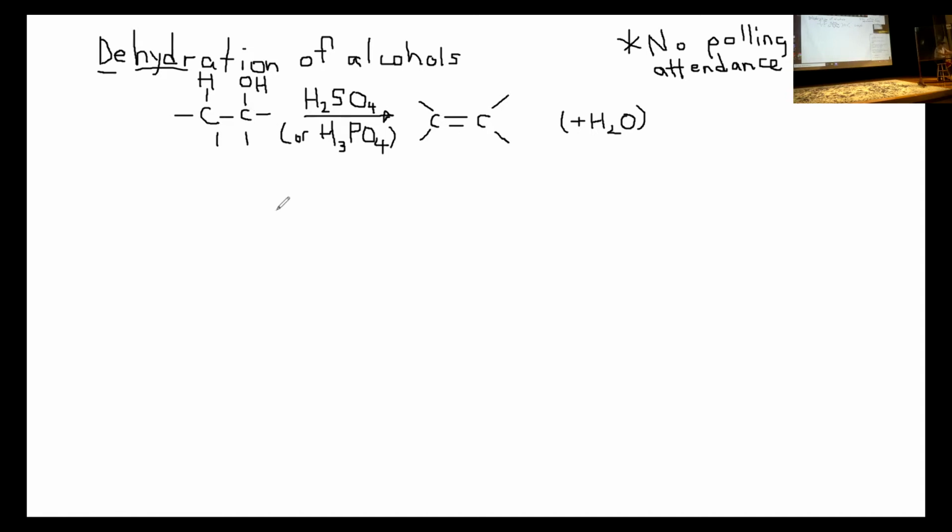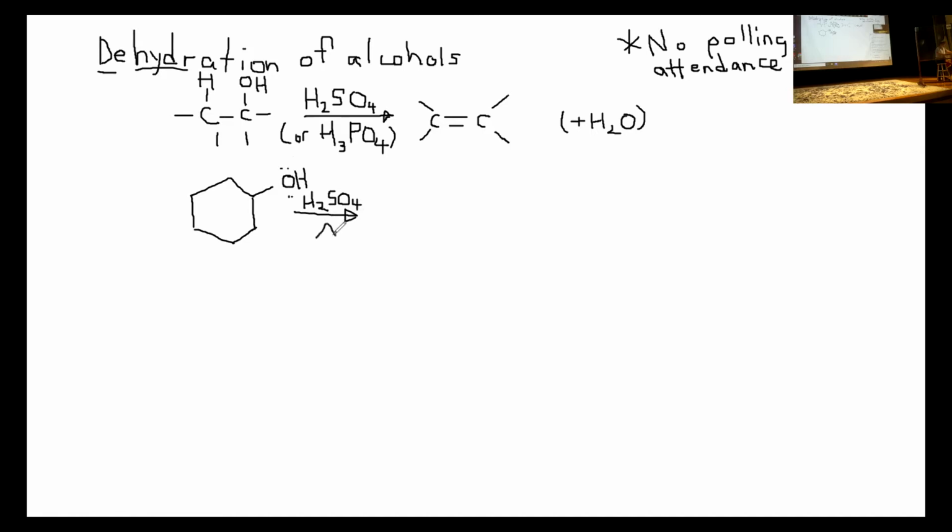Good, so just to give an example of this, let's take a relatively easy one. Let's say that we took cyclohexanol, and if you were to heat this in the presence of a catalytic amount of sulfuric acid, or phosphoric acid, and it may mention heat.